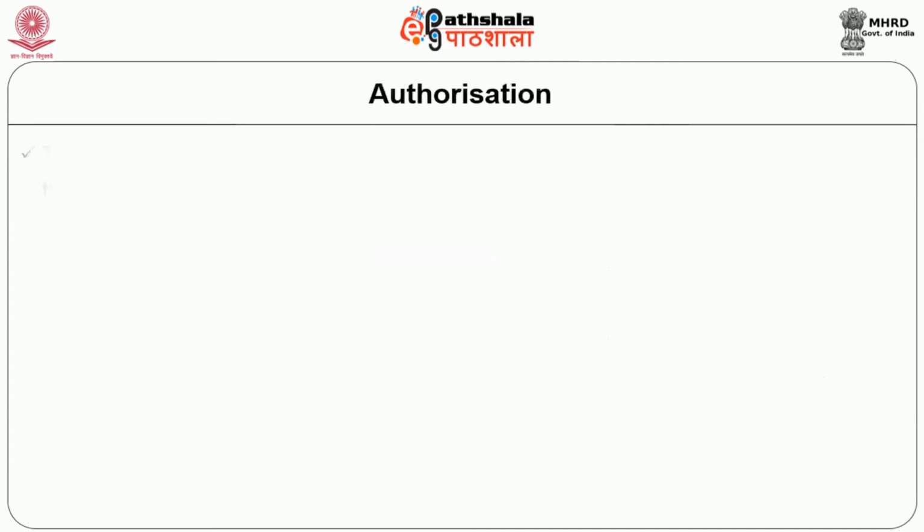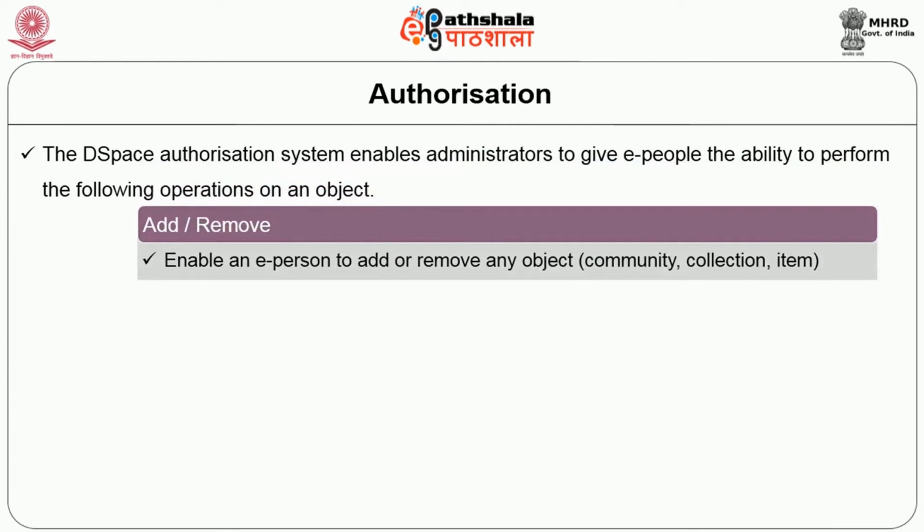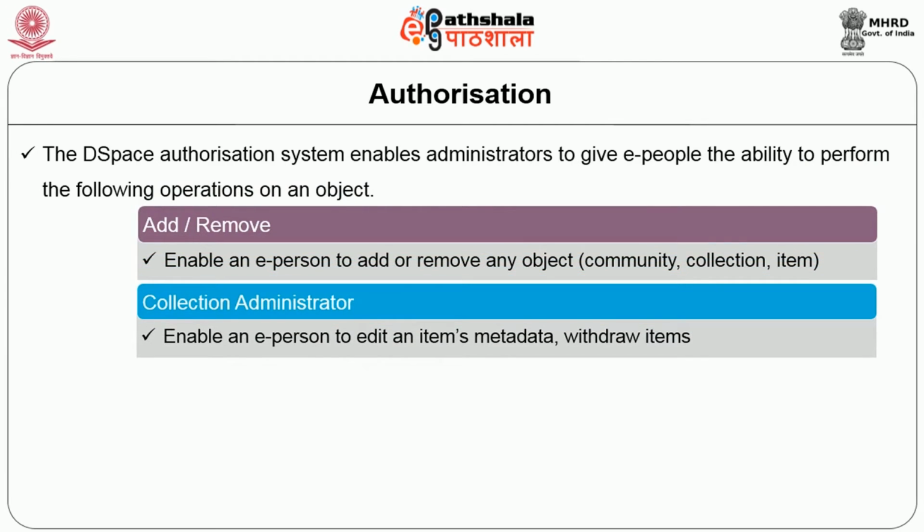A little bit on DSpace authorization. The DSpace authorization system enables the administrator, that is the supervisor, to give any registered e-person the ability to perform operations like add and remove. Like he can remove a person, remove an item, or add an item. Or a collection administrator can create a community, collect metadata, edit metadata, or withdraw an item.